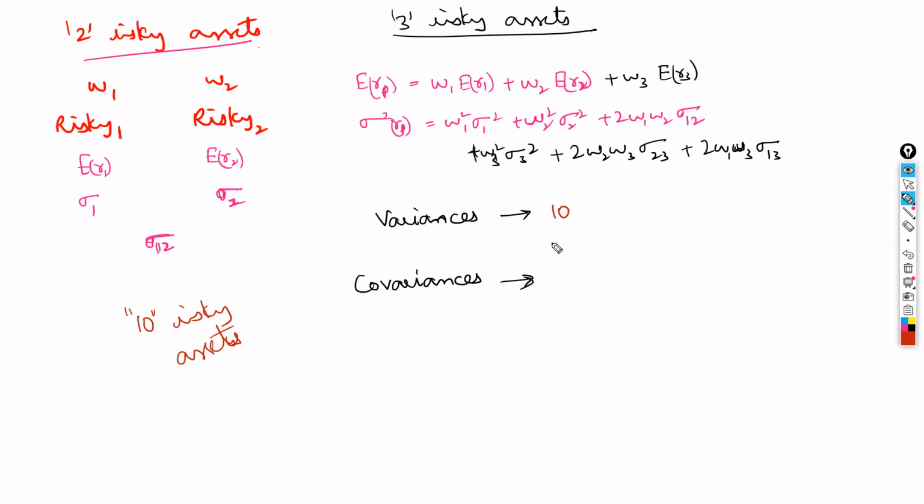And when it comes to covariances, you write it as 10C2, which is 10 factorial by 2 factorial into (10 minus 2) factorial, that is 8 factorial. So 10 into 9 into 8 factorial by 2 factorial into 8 factorial. These two get cancelled. 2 5s are 10, so you get 45. So 45 plus 10, total there will be 55 items.